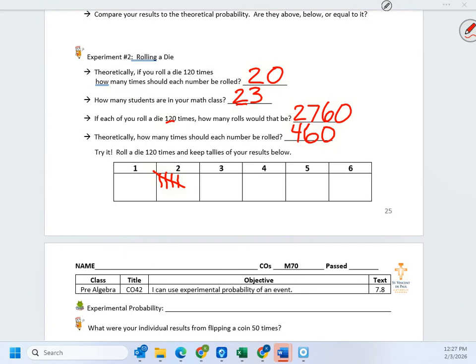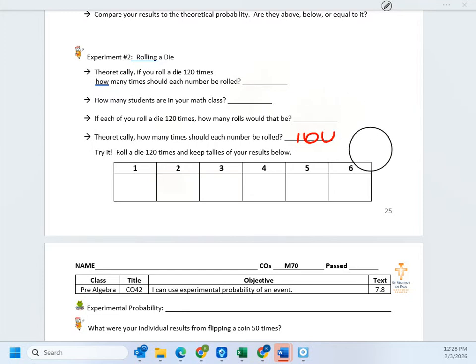We want 120 tally marks. So make sure you're really paying attention to how many rolls you have. Then we are going to use this information in tomorrow's lesson. So we're going to really use that tomorrow to make sure that we have the correct numbers.